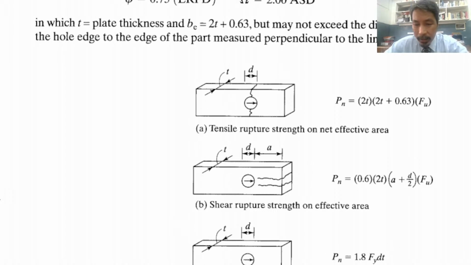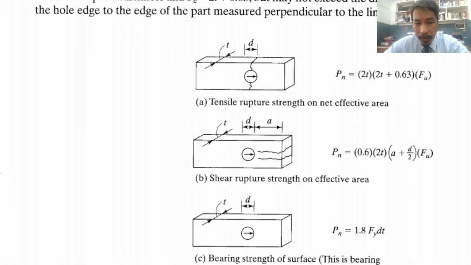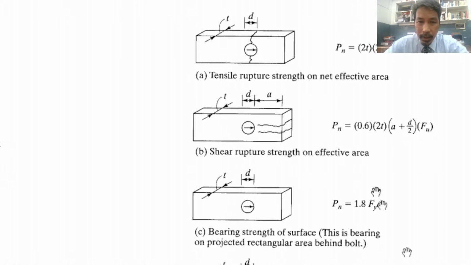So there are different types of pin-connected tension members. For letter A, tensile rupture. Definitely we have to multiply by the effective net area. We have this formula. For shear rupture strength on effective area, we have the following formula, 0.6 F_u.